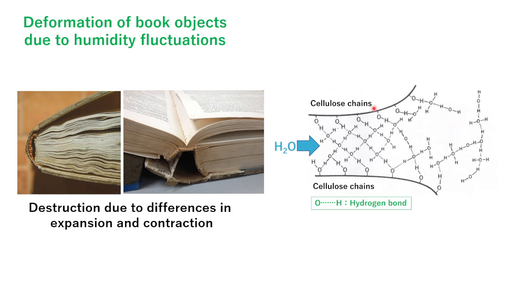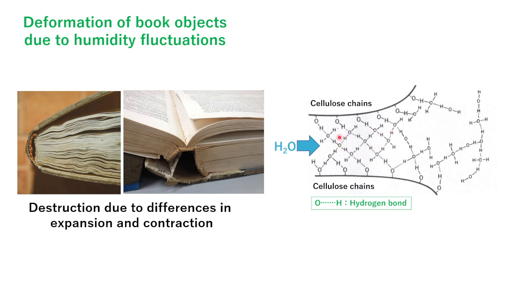Here is a schematic diagram of cellulose molecules. In dry surroundings, cellulose chains attract each other through hydrogen bonds expressed by bonding with oxygen and hydrogen, as you can see here in the diagram. But when humidity increases, water molecules invade into cellulose chains.